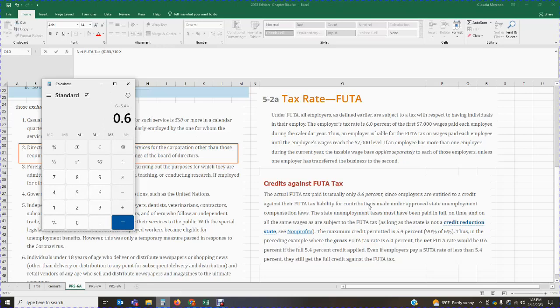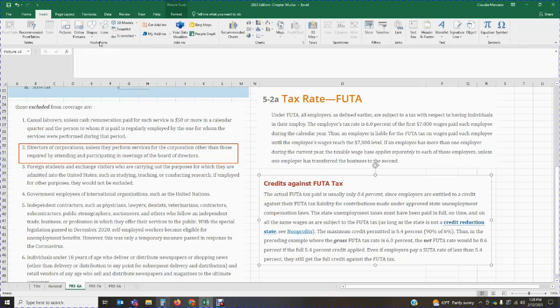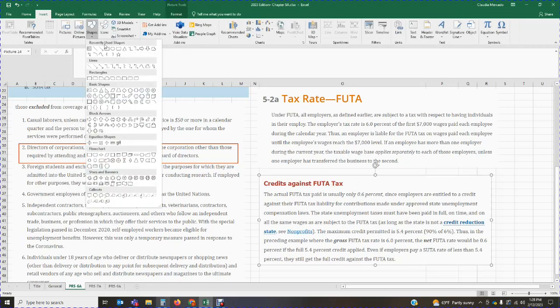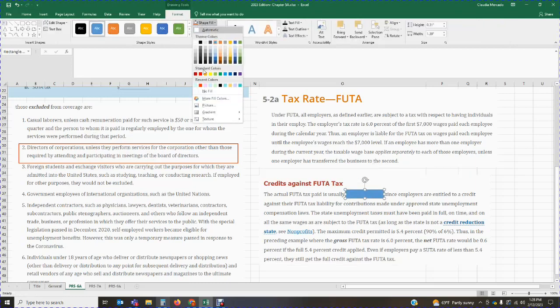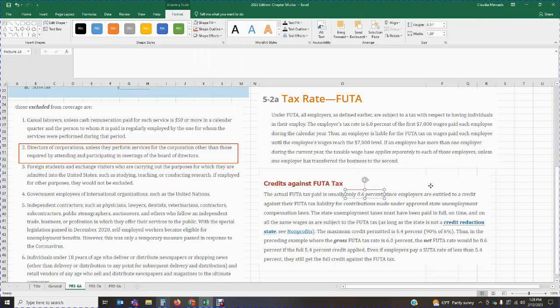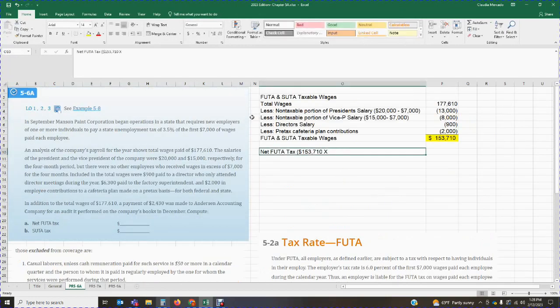0.6%. Very important that we read only 0.6%. So we're going to go ahead and get the 153,710 times 0.6%.